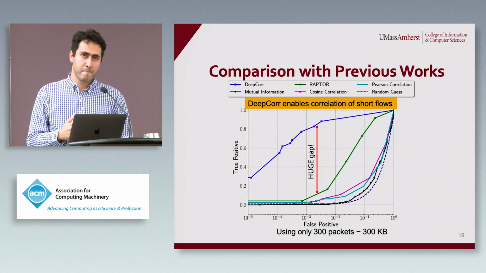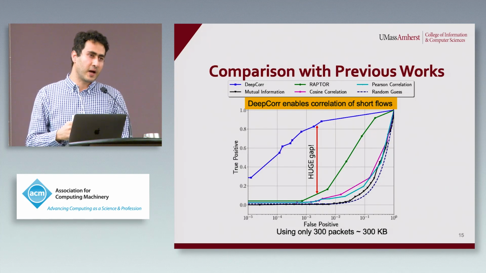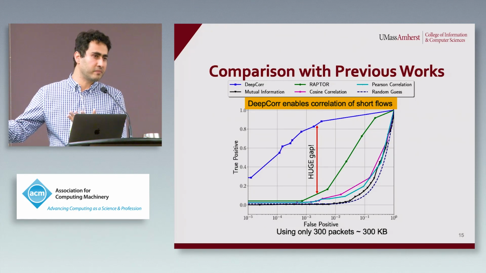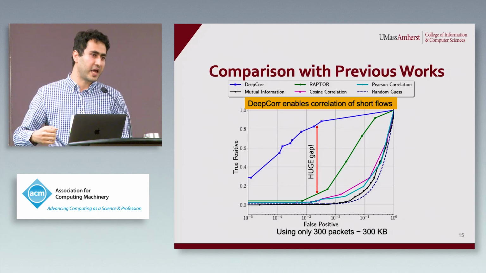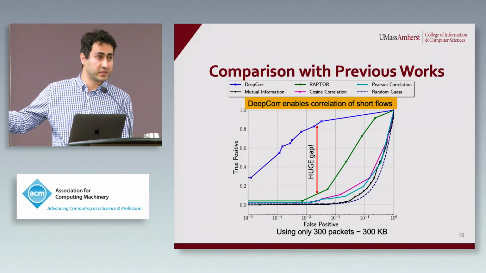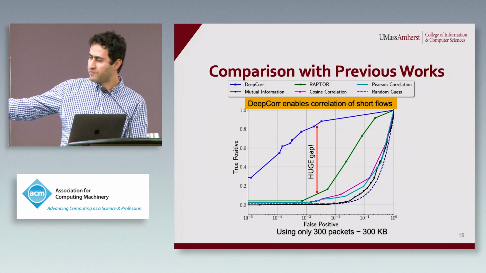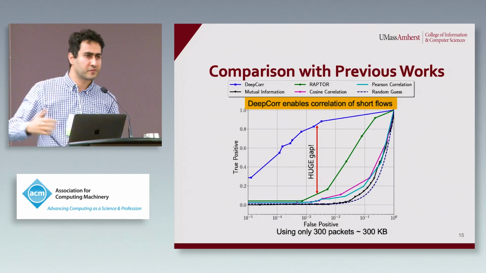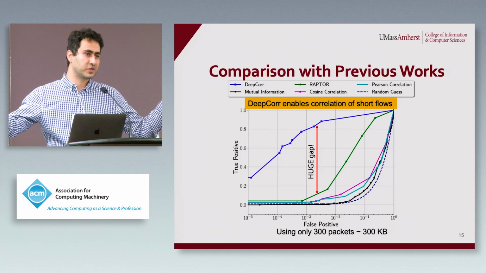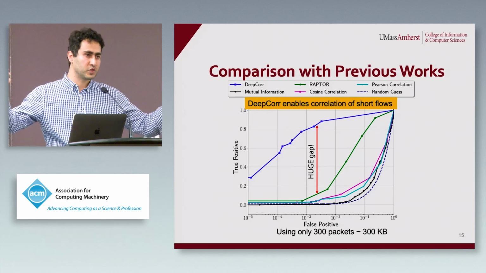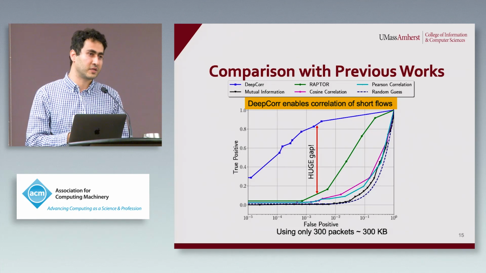What this tells us is that now, for the first time, a flow correlation algorithm is able to work with such a short length of traffic, right? For the other algorithms, of course, with longer observations of each flow, they start to produce better results and provide better accuracies.